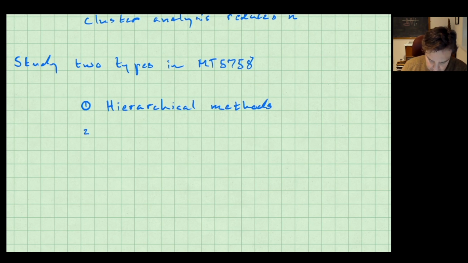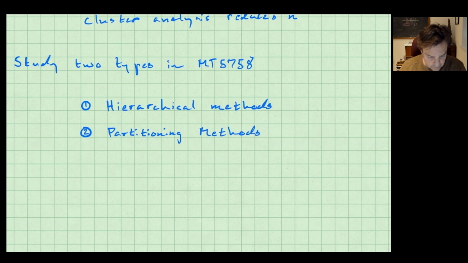And the second one that we'll spend a little bit of time on is called partitioning methods. Those are the two types of clustering analyses that we'll go through in this module.